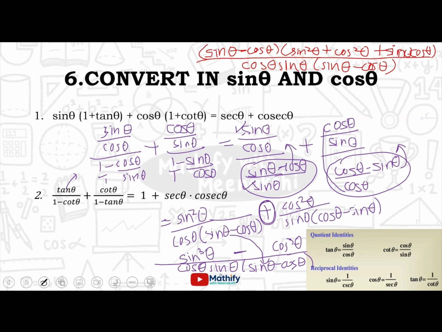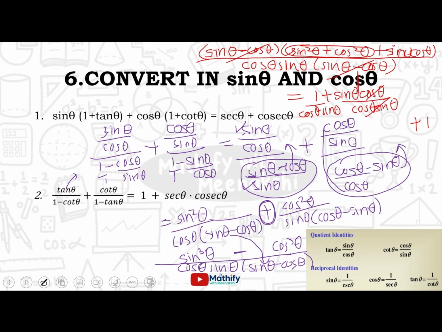Now you can cut this. You are left with, what is sine square plus cos square? It's 1. So you are left with 1 plus sine theta cos theta by cos theta sine theta. So I'm giving cos theta sine theta to both: cos theta sine theta, and here also cos theta sine theta. So what it becomes? It becomes 1.